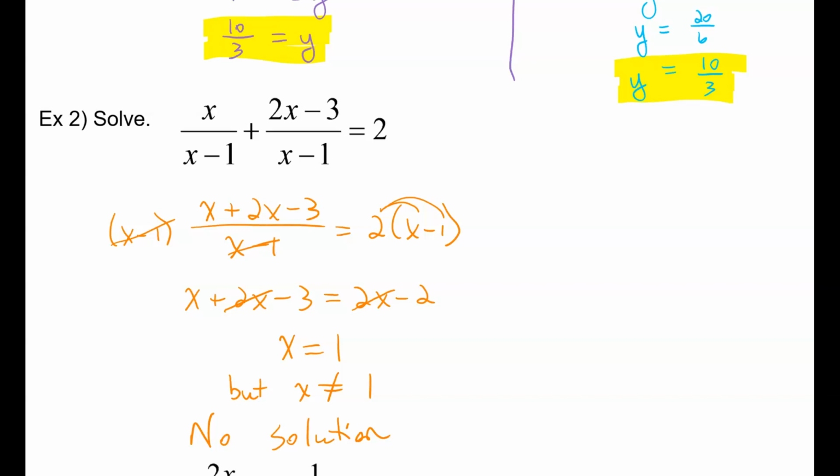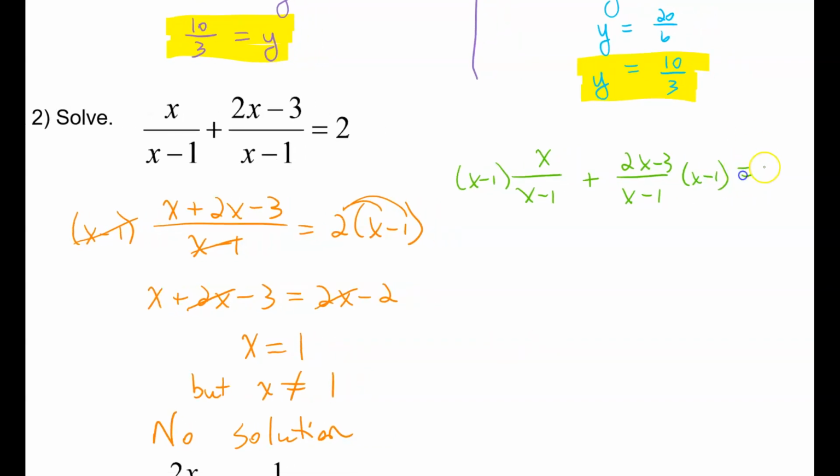I'll go ahead and run through the other method real quick, of just clearing the denominator. The denominator is exactly the same, so we would just multiply both sides by x minus 1. If we had x over x minus 1 and we were multiplying that by x minus 1, plus 2x minus 3 over x minus 1, multiplying this by x minus 1, and then multiplying the other side also by x minus 1, because remember you have to multiply every single term.